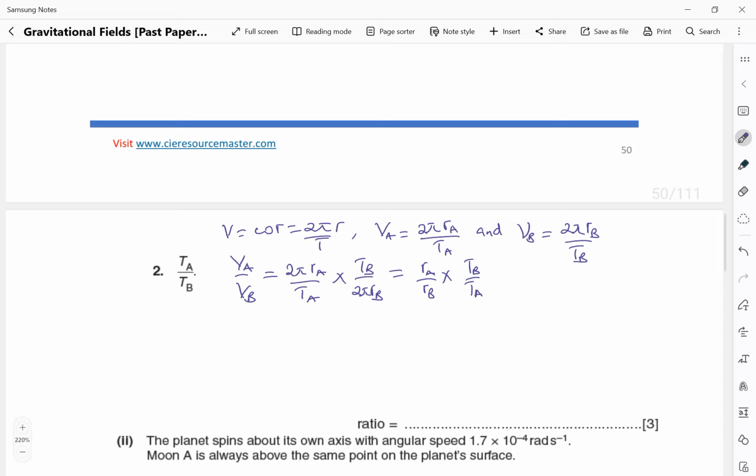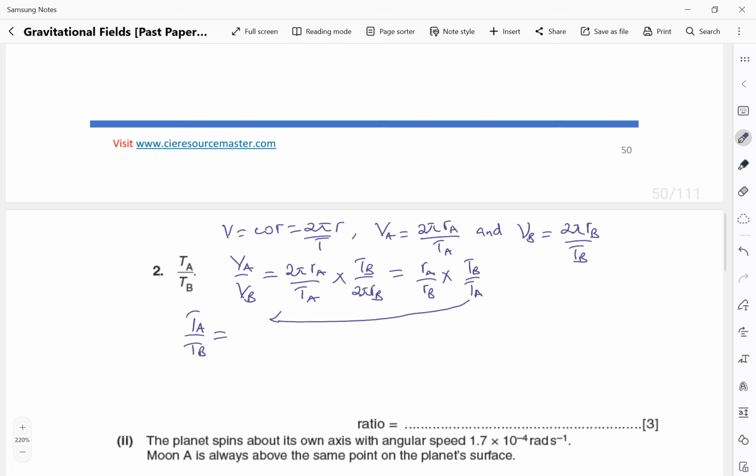So I want to make TA over TB the subject. Making TA over TB the subject will be just swapping them. I'll take this one to the left and take this one to the right.